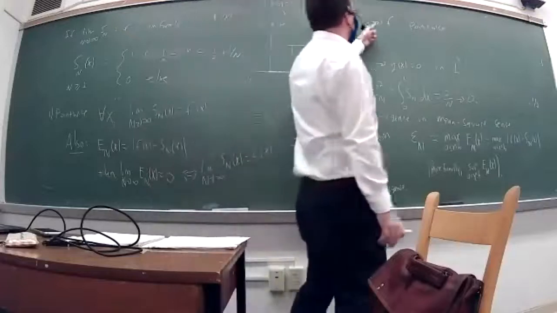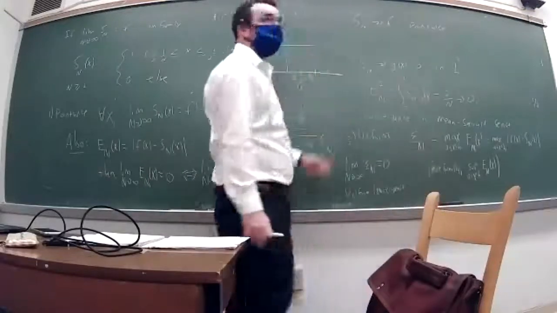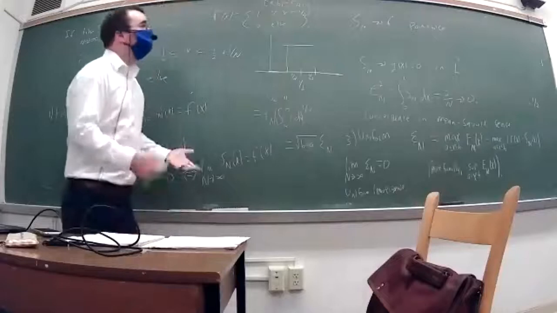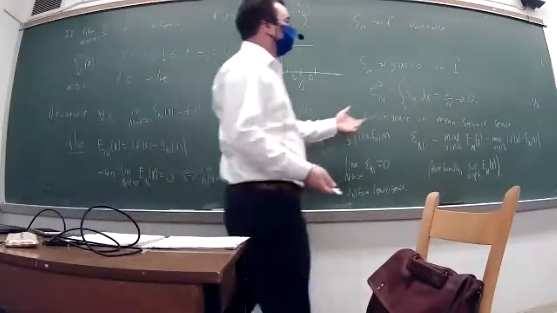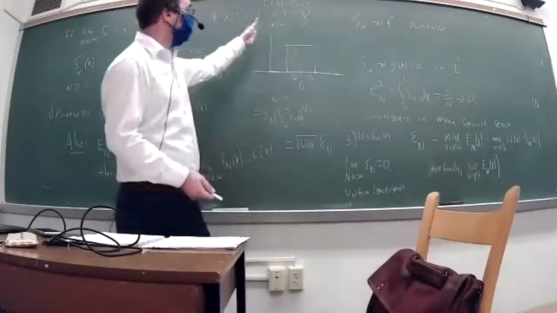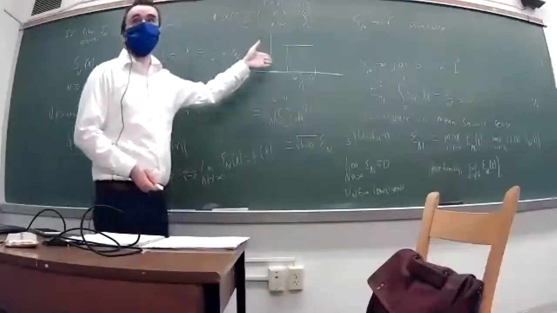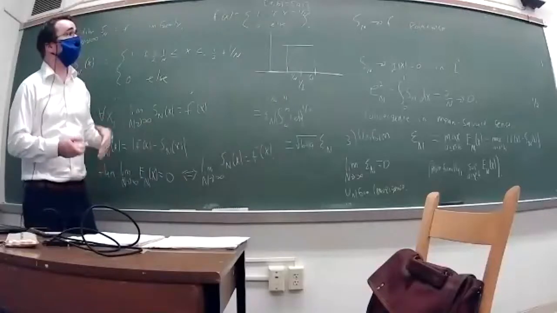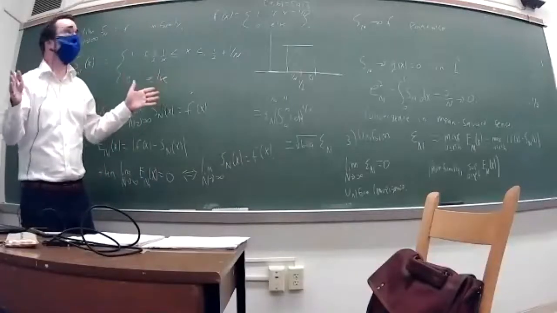But it converges to this other function f pointwise, which makes perfect sense because this error involves an integral, and integrals can't detect the value of a function at a certain point. In fact, they can't detect the value on an entire set of measure 0.